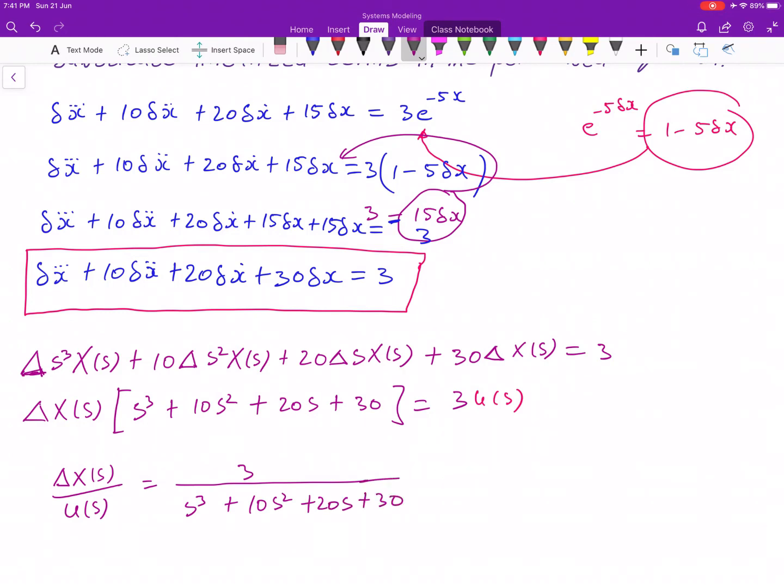You see, now out of a nonlinear system, we derived the transfer function, which does not contain any nonlinear term. Meaning that if you are given any nonlinear system, you should be able to linearize it and derive the transfer function out of it.